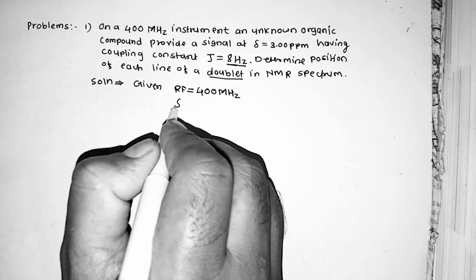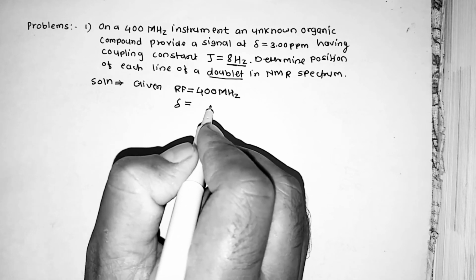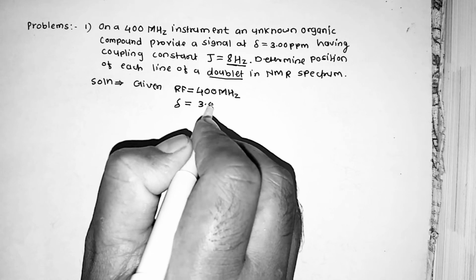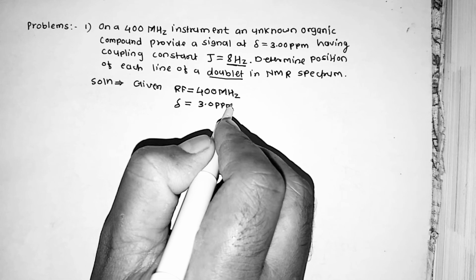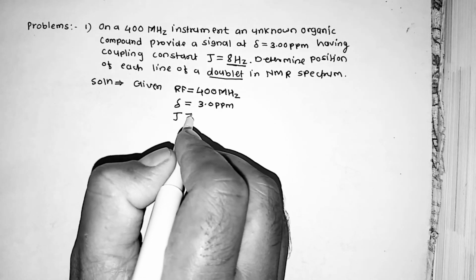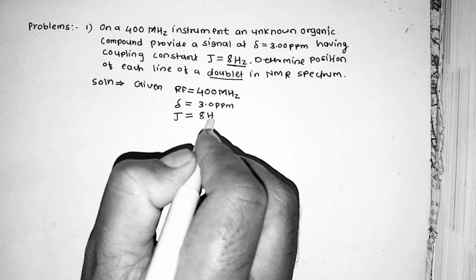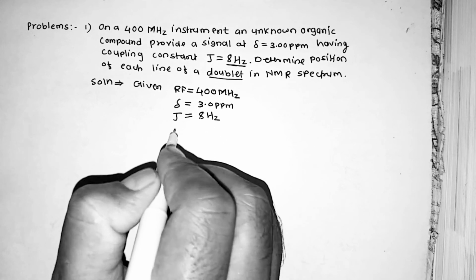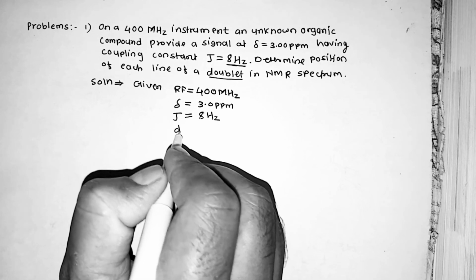Then the delta value is also given, which is 3.0 ppm. Another thing given is J, that is coupling constant, which is 8 Hz, and the signal is a doublet.